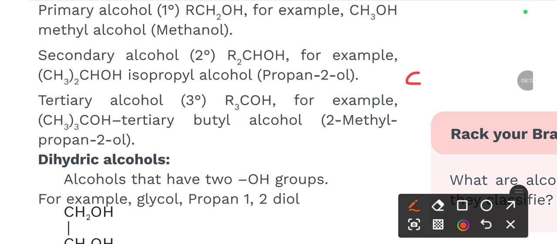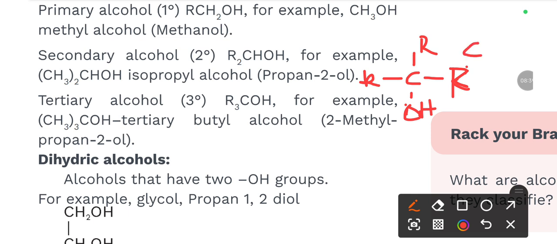Carbon to which OH is attached is further attached to 3 R's. All the 3 R's are attached to carbon through carbon.